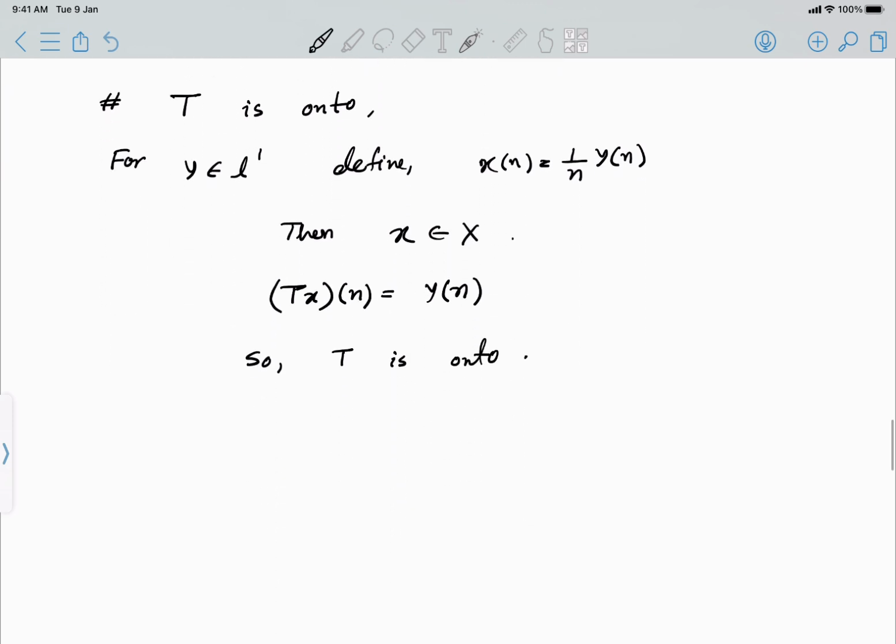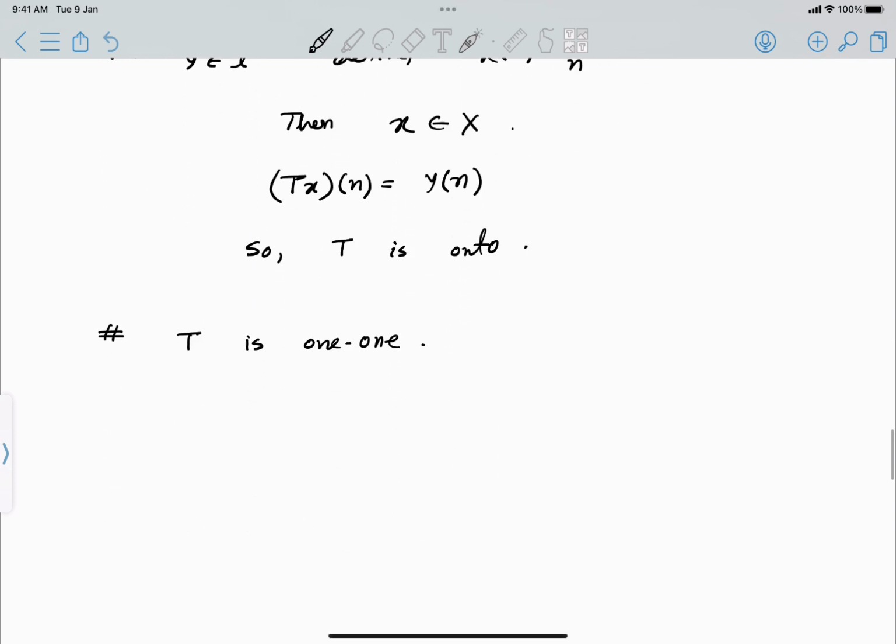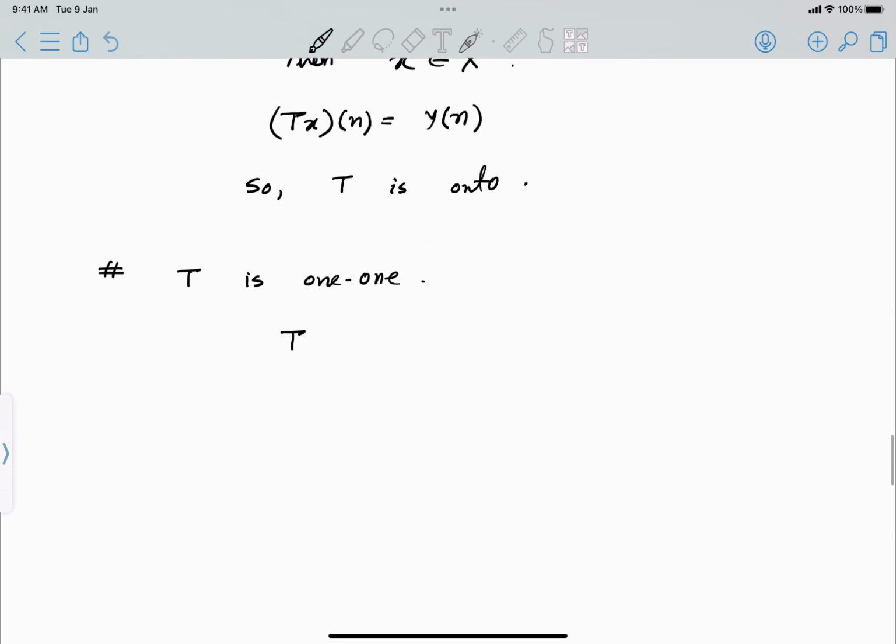And why is t 1-1? T is 1-1 means let t of x equal t of y.